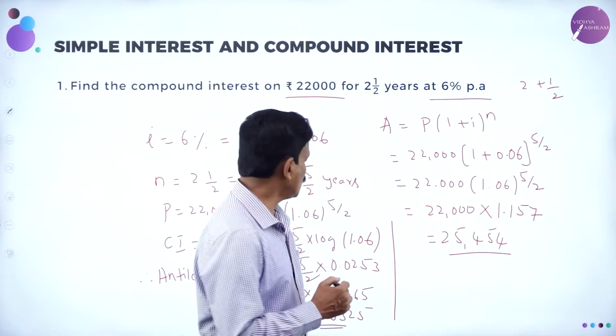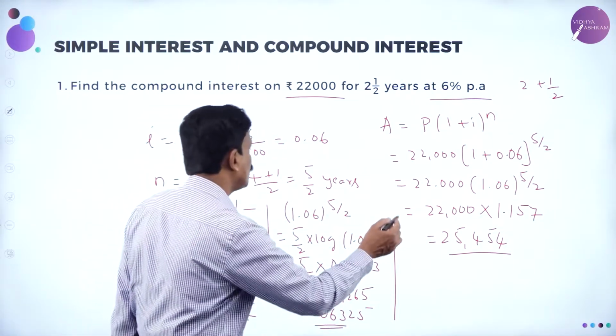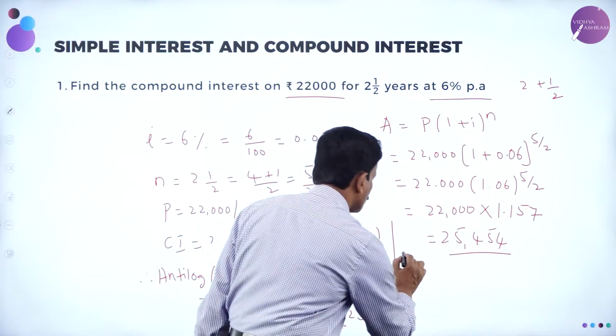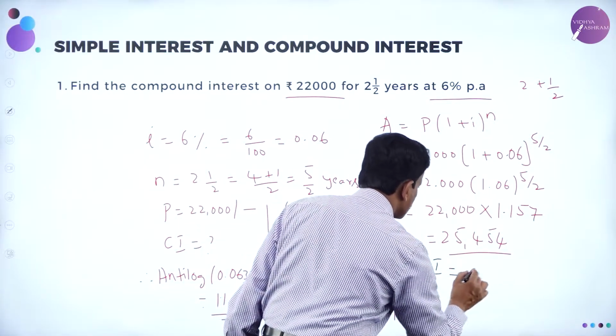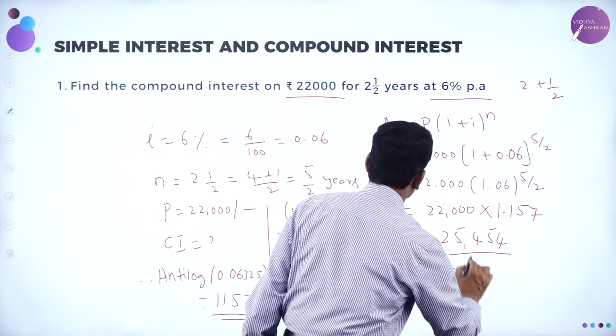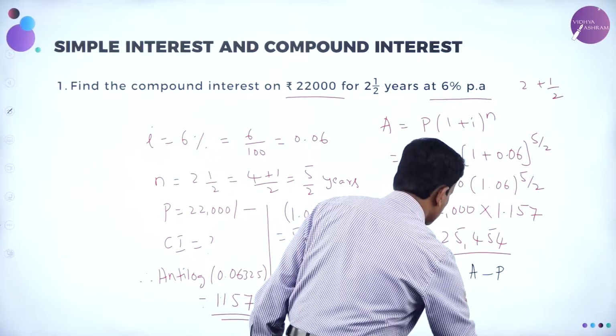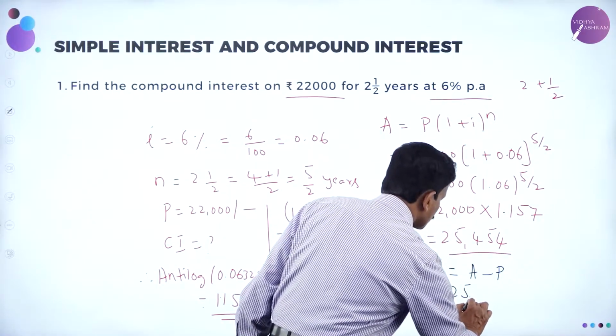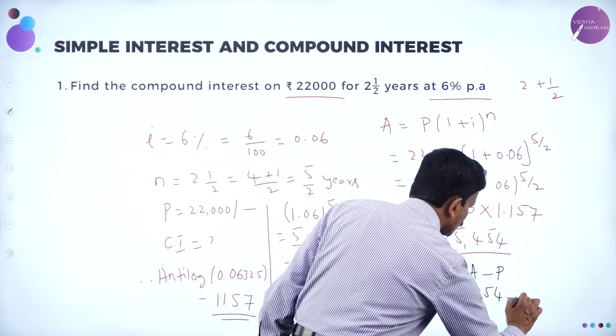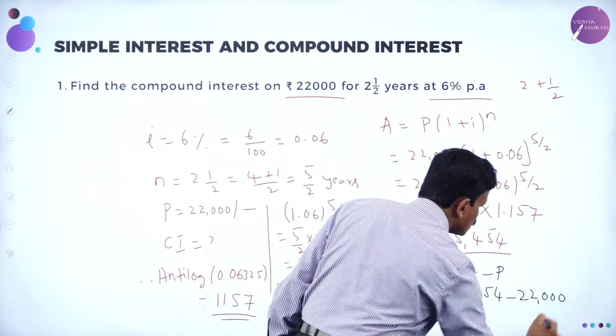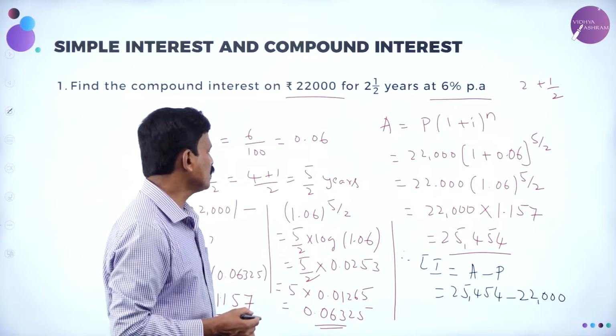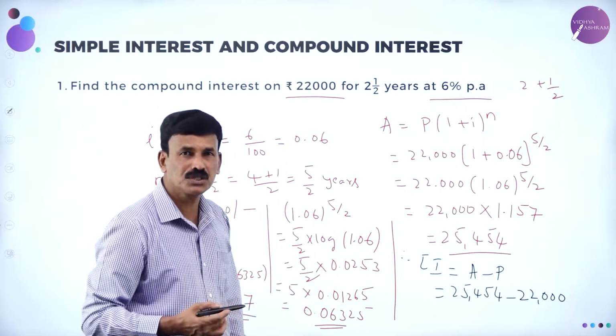Okay. Now, the compound interest is what is required to find. Compound interest is equal to amount minus principal. What is the amount? 25,454 minus principal 22,000. So what is the difference between these two? 25 minus 22 is 3,000.